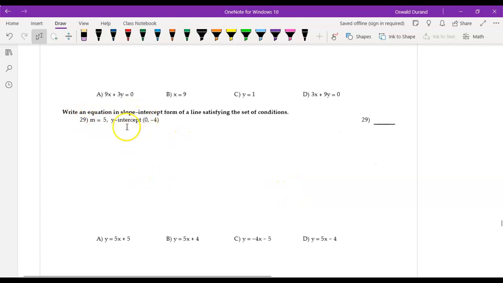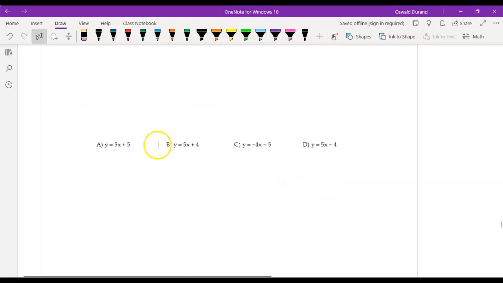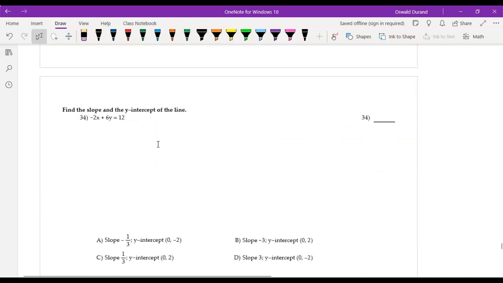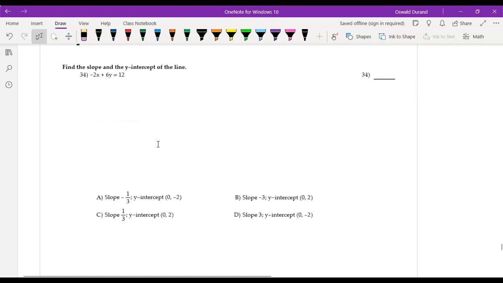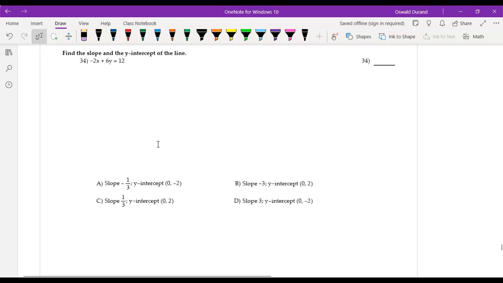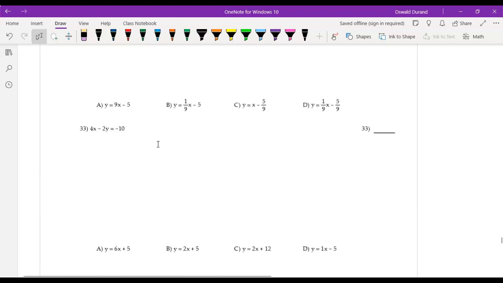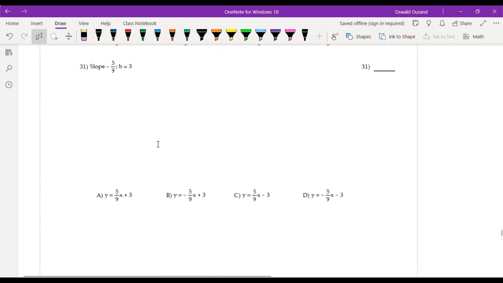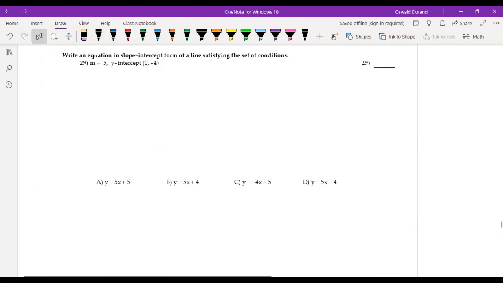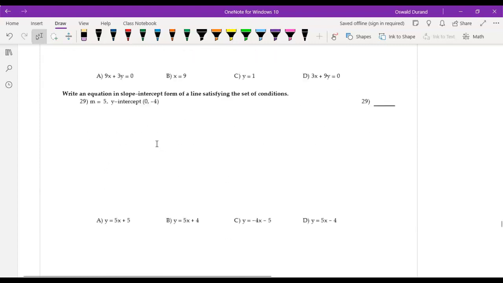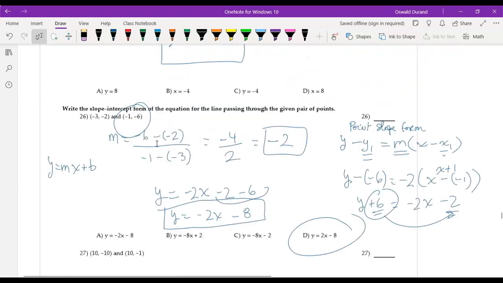We did a problem like this already. So let me try to find another one. There is one that I wanted to do. I may have to make it up. Yeah, I don't see it here.